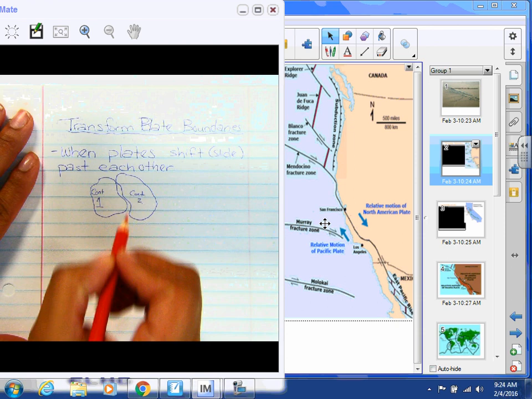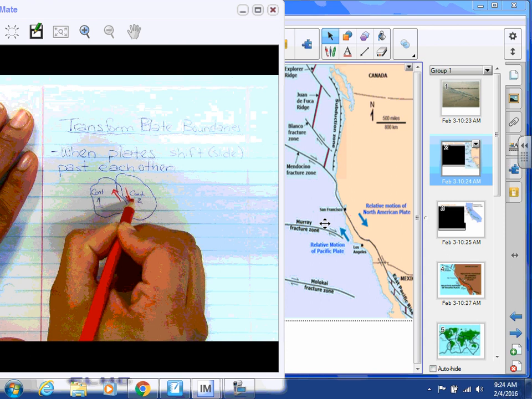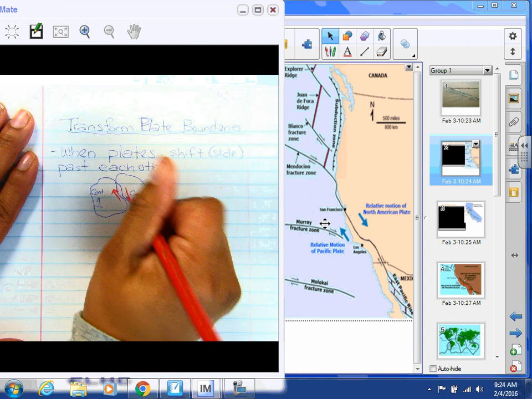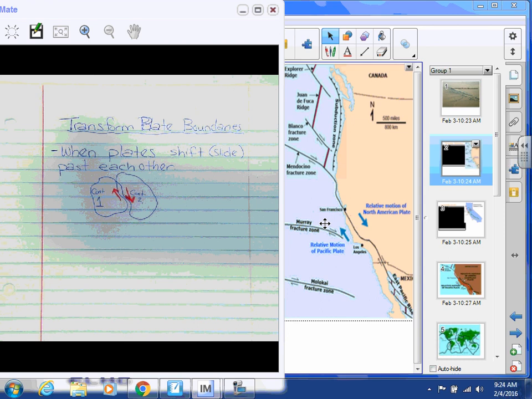And one goes this way, and the other one shifts this way. So it's a shift. Does that make sense? Fair enough, right? Any questions?